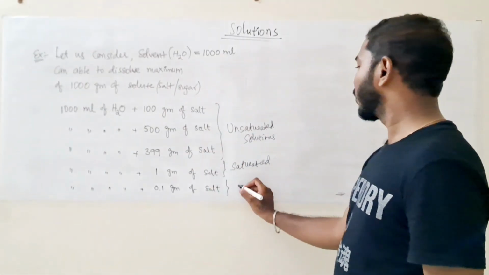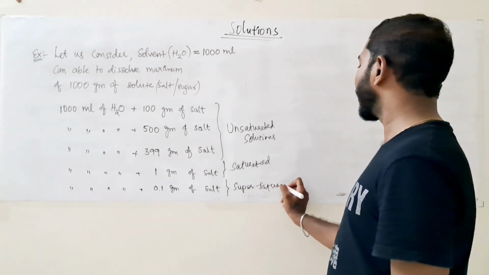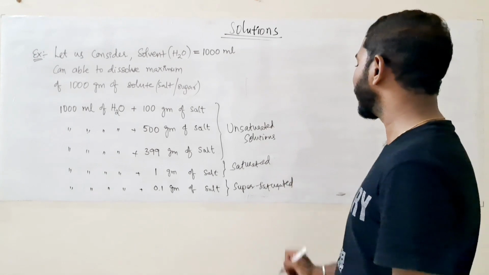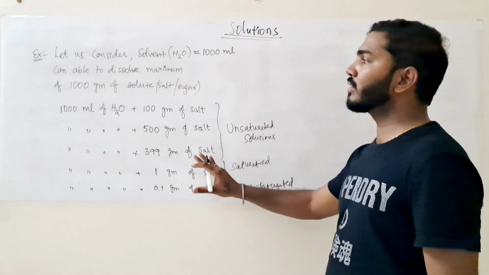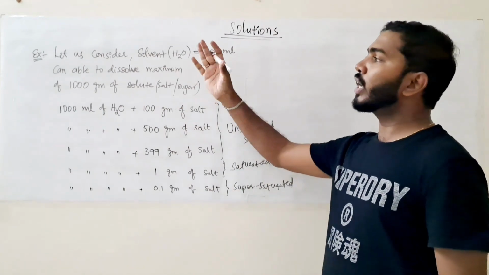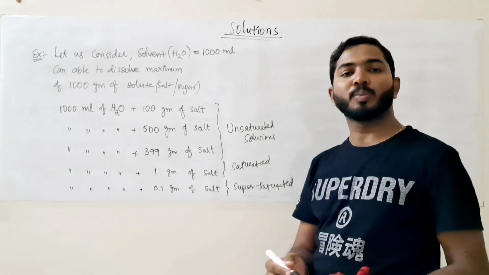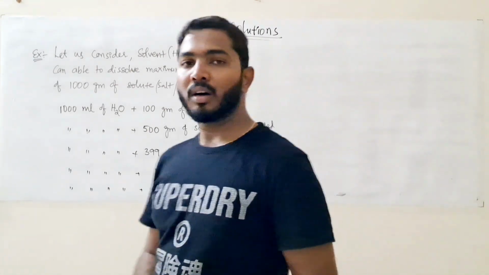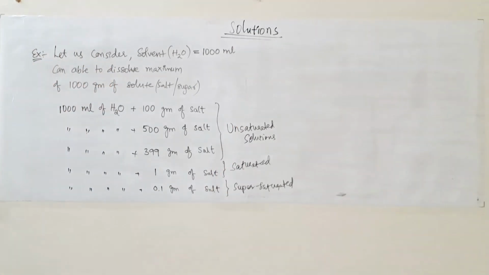So this type of solution is called a supersaturated solution. Clear to everyone? I hope you understood this example. With this, we can clearly understand what unsaturated, supersaturated and saturated solutions are. Please try to take a screenshot of this.